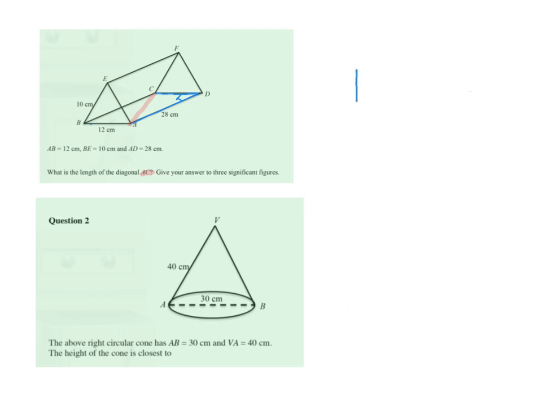So if I draw this triangle up and I say this is D, this is A, and this is C, we know between A and D is 28, and this length is going to be the same as C and D. So we know this is 12 centimeters as well.